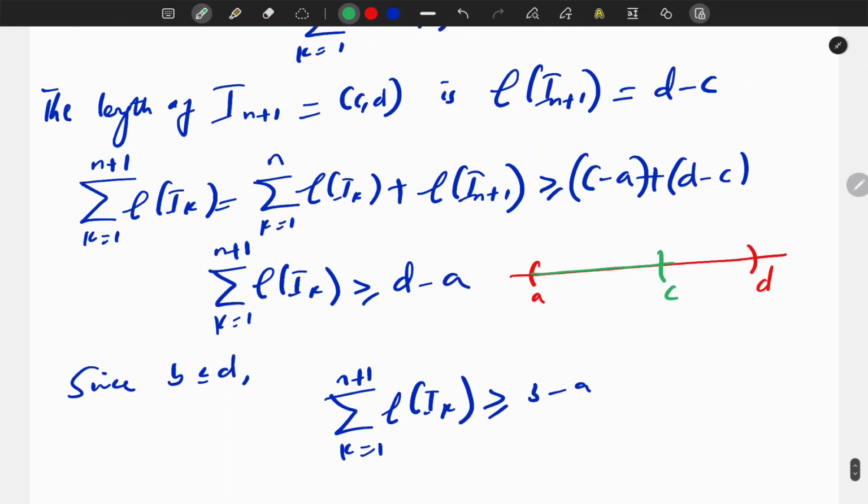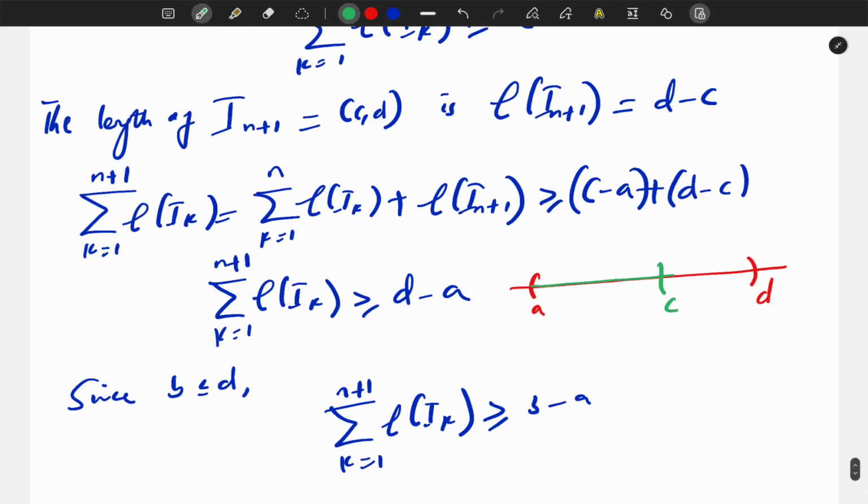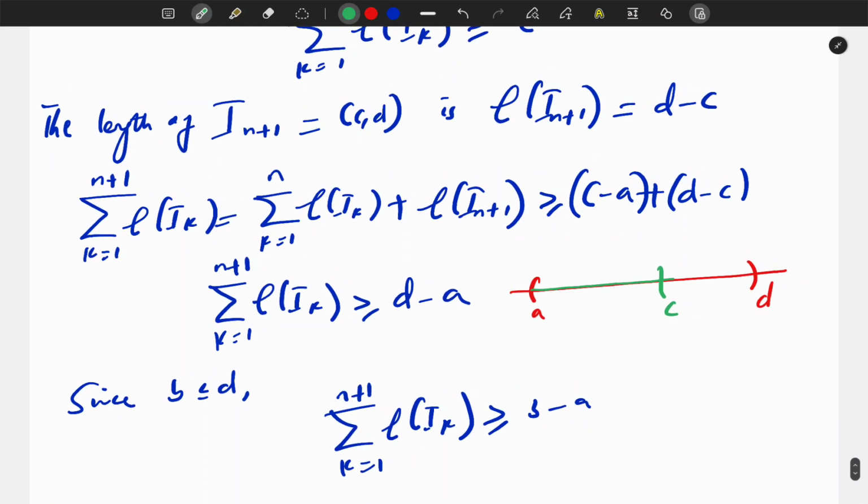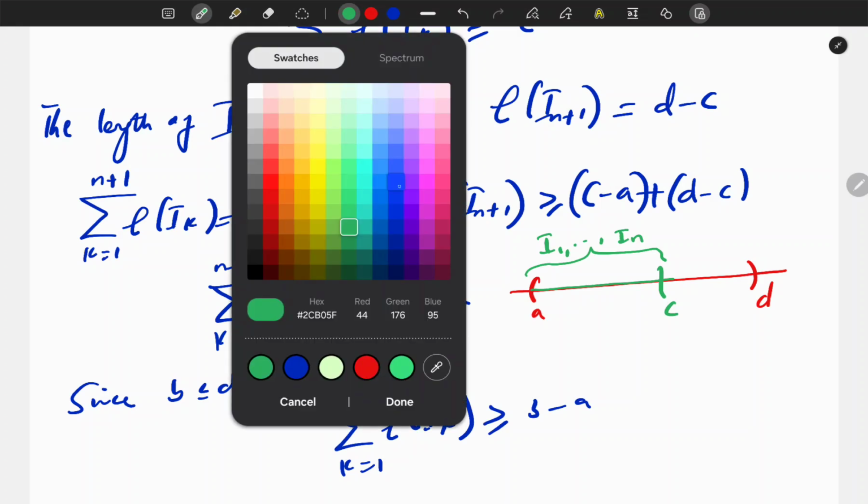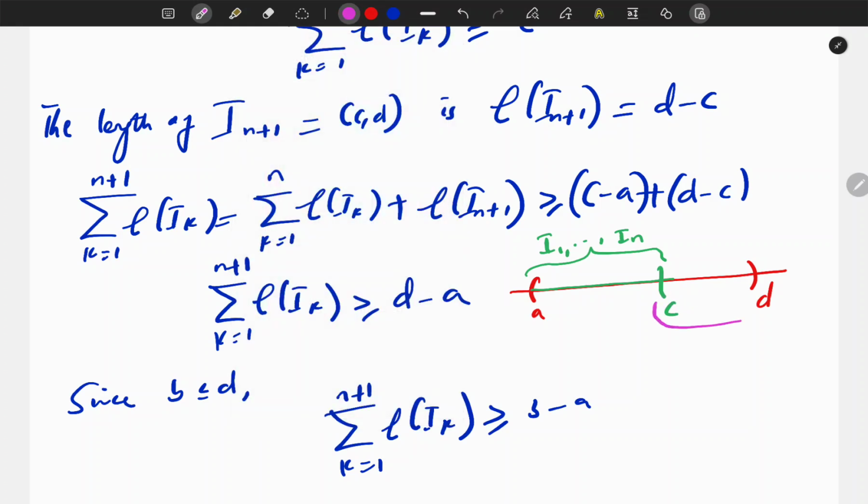Our I1 to In covers from this point, and I(n+1) covers this point.